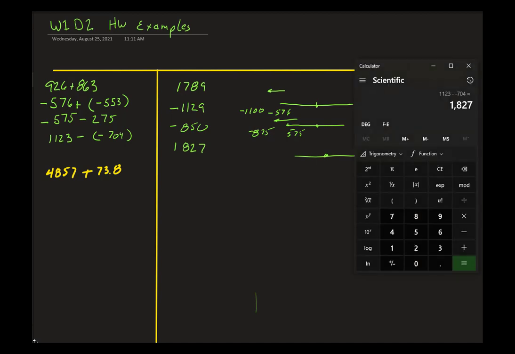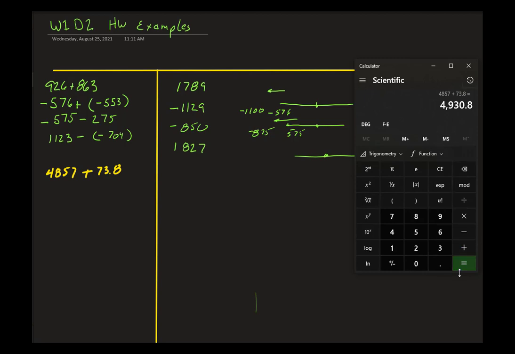So I'm going to grab my calculator and go to 4857 plus 73.8. Now, looking at this, I've got 4857 plus 73. I'm going to say that we're going to add about 100, so I would expect my answer to be 49 something.